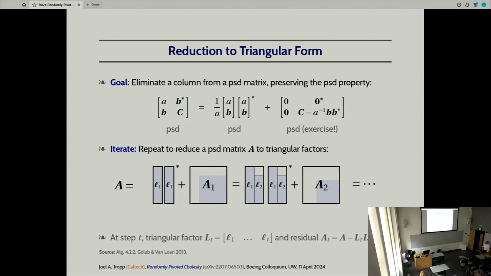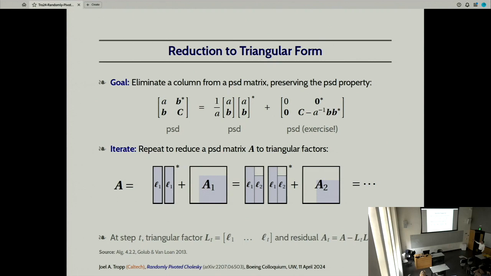Okay, so Cholesky's method in the outer product form splits off the first column of the matrix into a rank 1 term, and then we've zeroed out the first row and column, and we have a residual A1. Now, we're going to eliminate the second column, which has a 0 up top, and so looks like this.